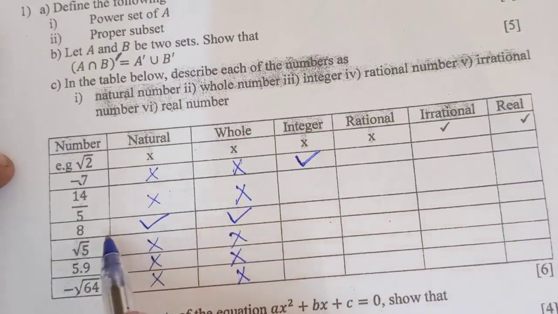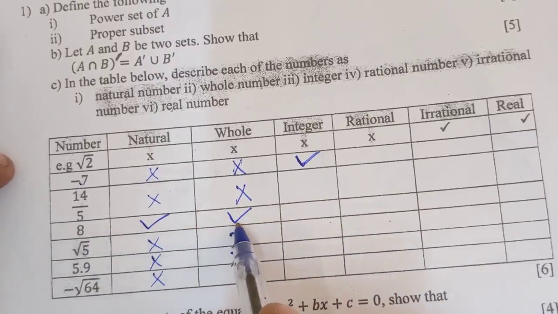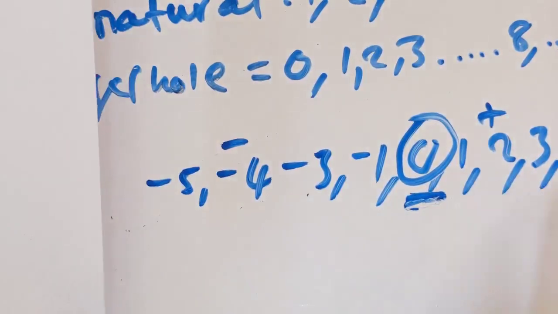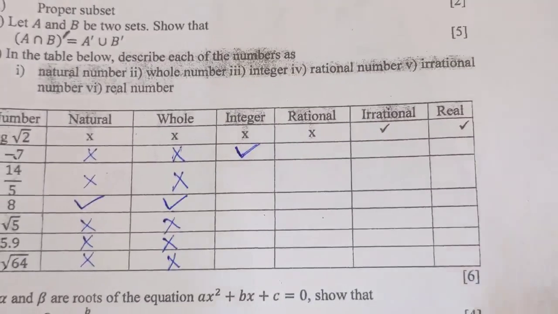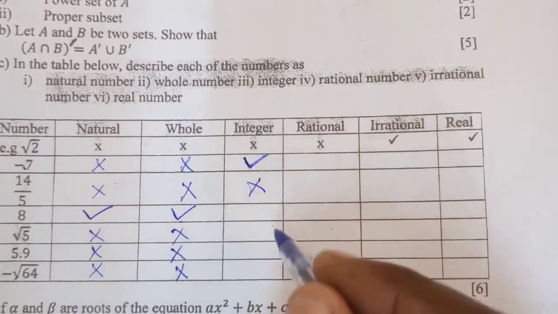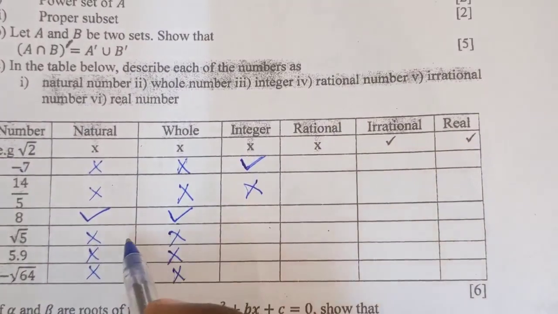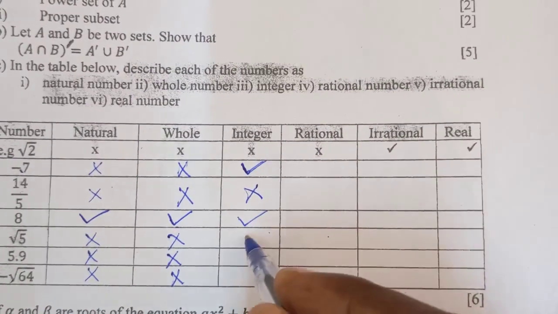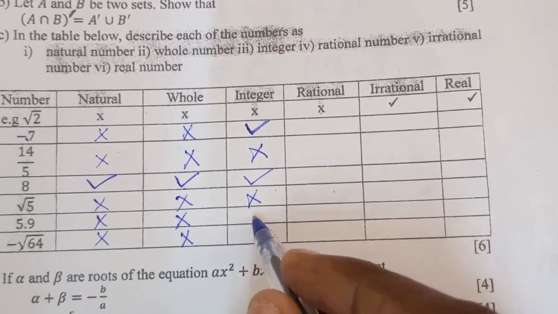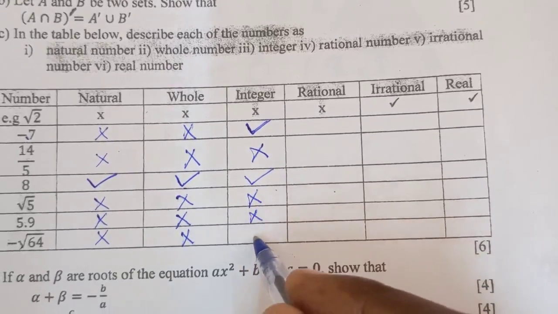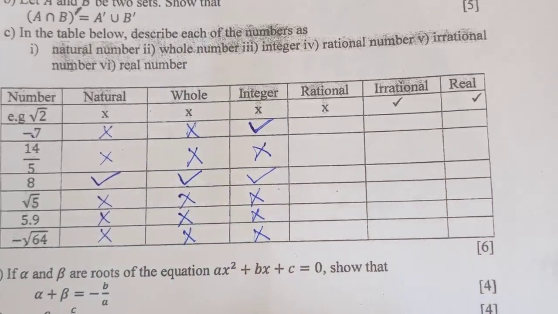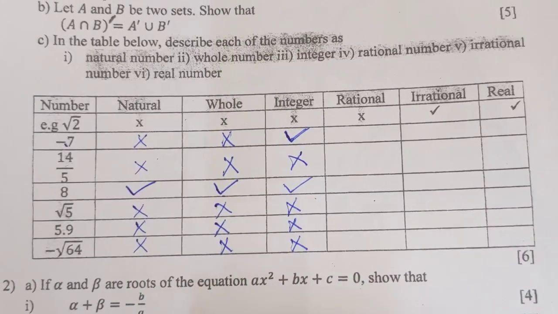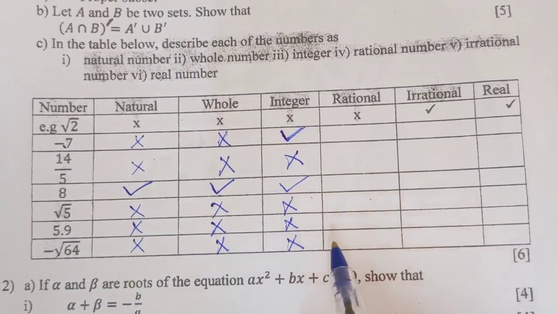No, it is not an integer. This one is an integer because it is a positive number. So you're supposed to mark like that. That is what you are supposed to do.